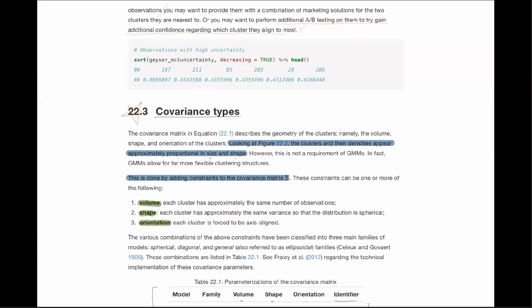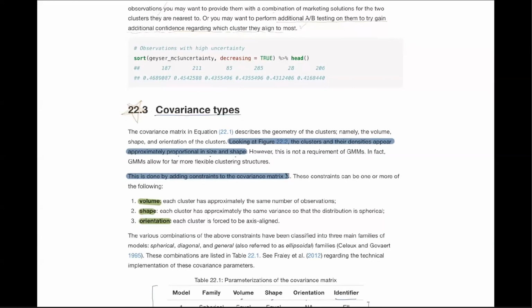Yeah. And also, I just wanted to point out that in the case of the data about the optimization, it has volume, shape, and orientation.